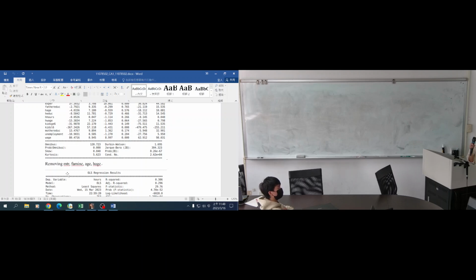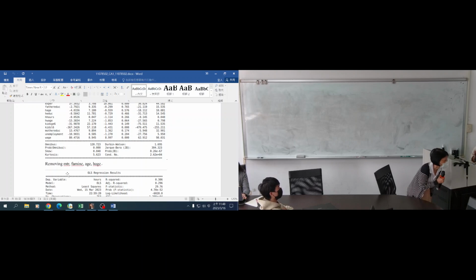So we do have a so-called lower R square. If you have something like 15% or 30%, maybe it's good enough. But for the lab, no. And usually for time series data, the relationship should be higher than cross-sectional data, because as long as they have some relationship with time, it should have a higher R square.